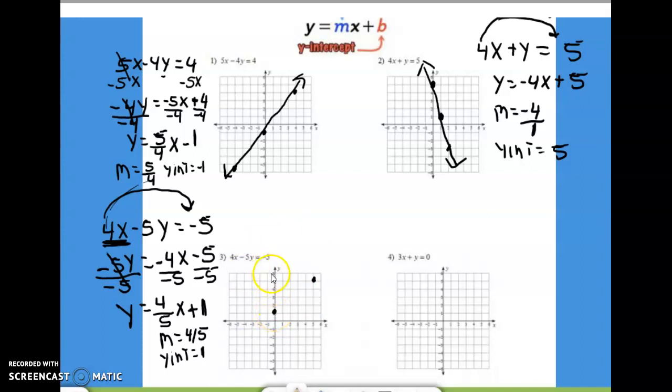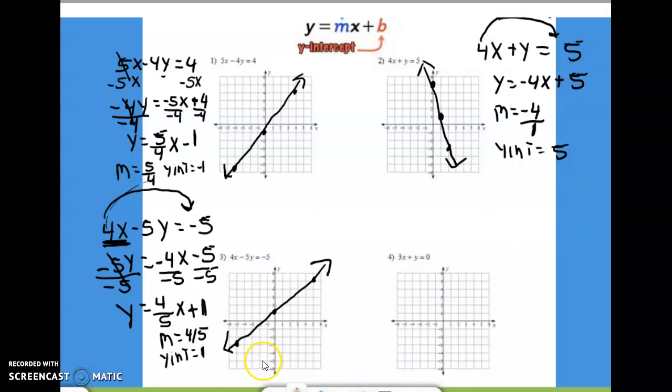So instead of up and to the right, down 1, 2, 3, 4, and then 1, 2, 3, 4, 5. A lot of times you're going to know if you're doing it right because the dots are going to line up. And we said this is going to be a positive slope, so I always check that. Yes, it is. It's going up from left to right.